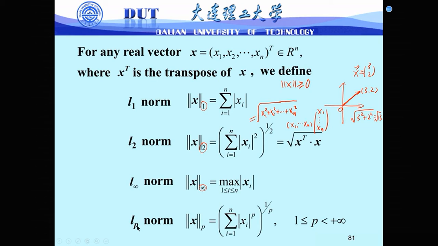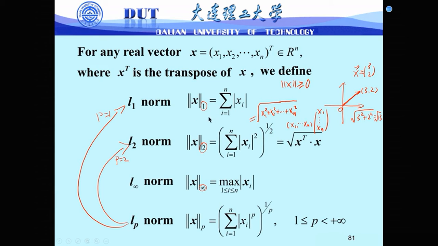That means when p is 2, the LP norm comes to the L2 norm. And when p equals 1, it is just the L1 norm. Why? If p is 1, it is just the absolute value, and 1 over 1 is 1, so it comes to the total score.